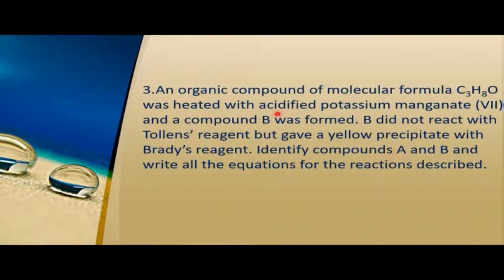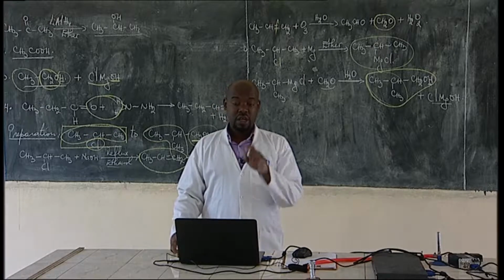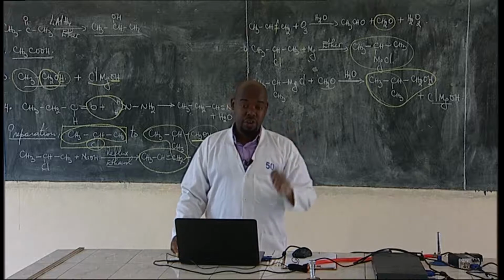Let us go back and read again. An organic compound of molecular formula C3H8O was heated with acidified potassium manganate 7, and a compound B was formed. From the molecular formula we can identify what kind of compound it is, because we can start from the molecular formula and determine the general molecular formula.